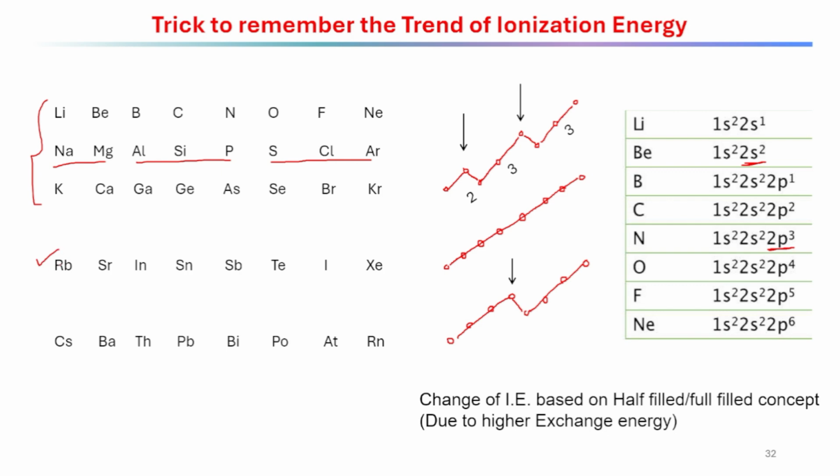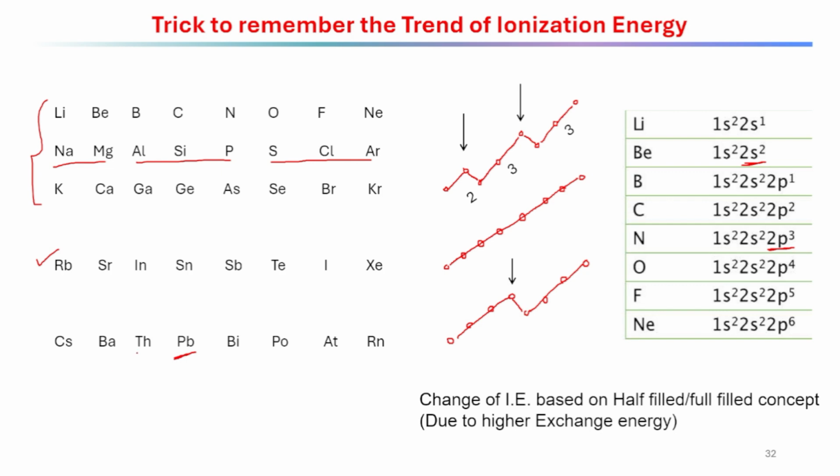For the next period, period 5, you can see the ionization energy will just monotonously increase. Similarly, in case of period 6, it will increase, then decrease for one, and then again increase. This element is actually lead.